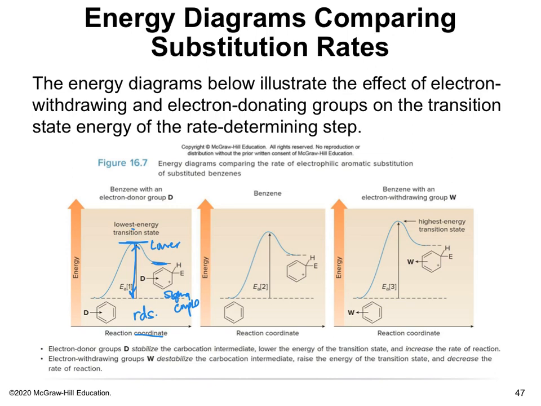So benzene is going to be higher, and electron withdrawing groups are going to be the highest. It's the height of this first mountain, this first curve that you have to overcome, that determines the rate of the reaction.